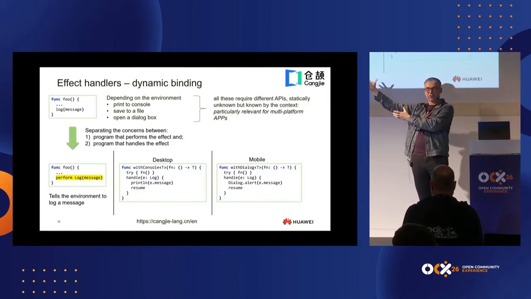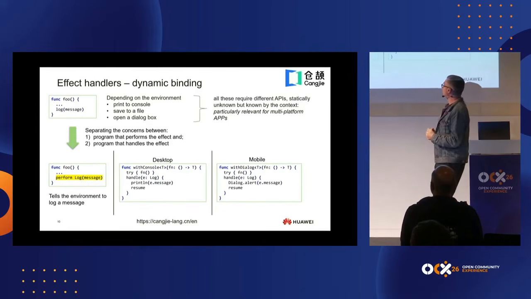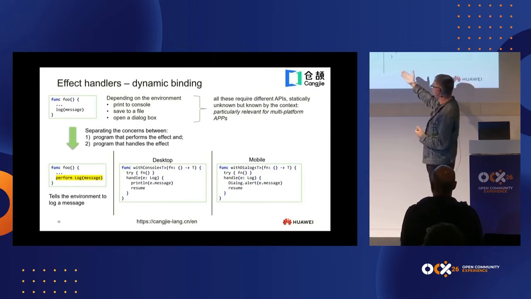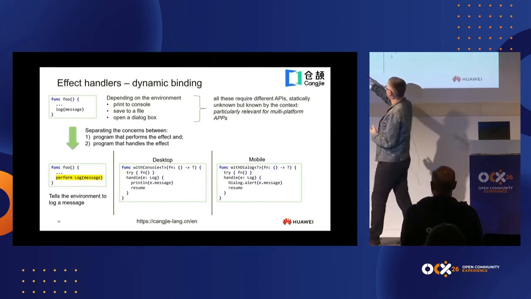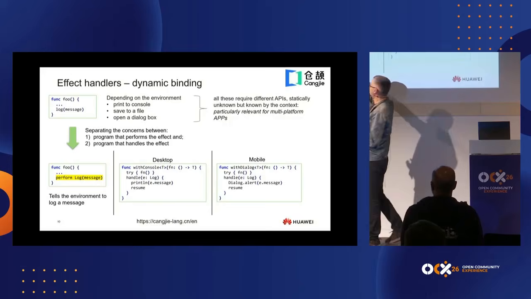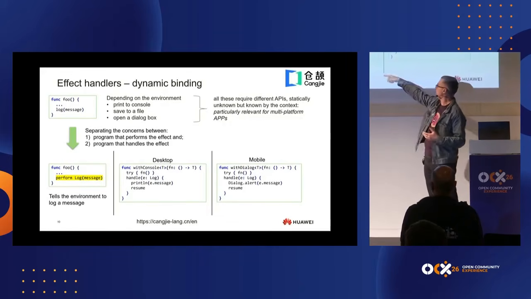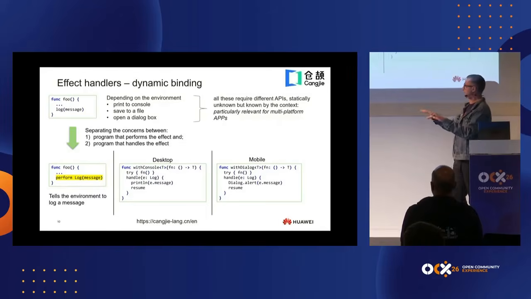You want to perform that logging in a way which is controlled by the context, and then resume the computation. So for example, on a desktop here, you can see that you're performing some function, and that function performs a log. And in the handler, because I'm on a desktop, I have a console, so I can just print to the console.